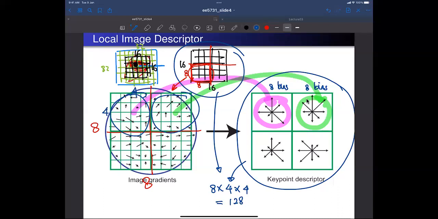And 128 is the length of your SIFT descriptor. So this one is your SIFT descriptor.